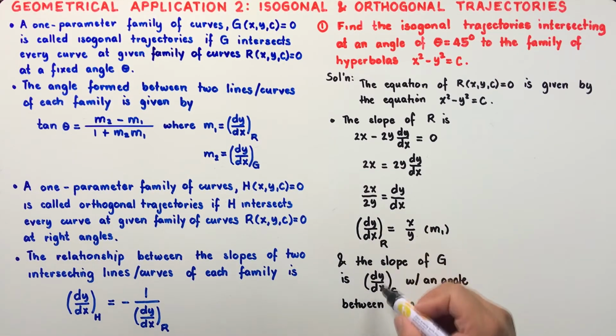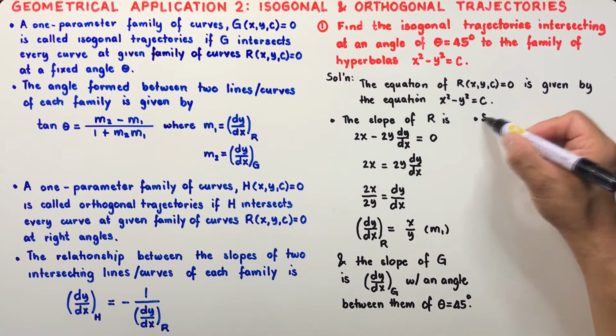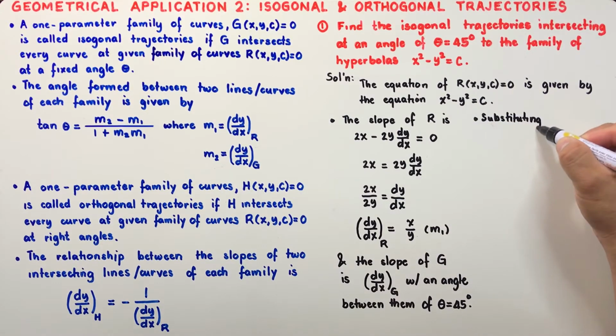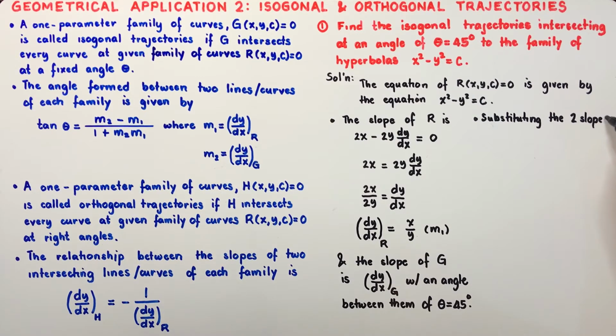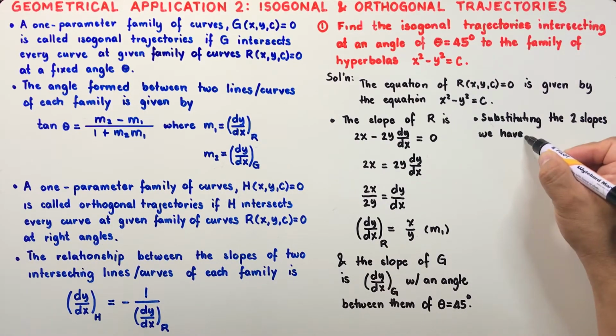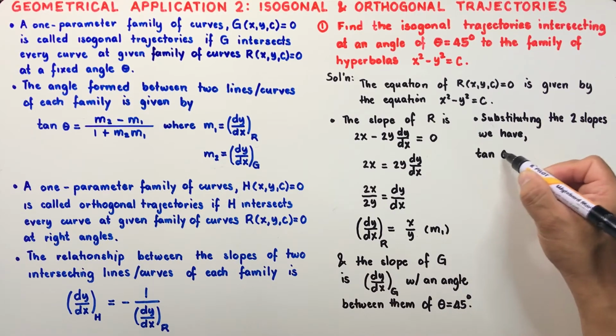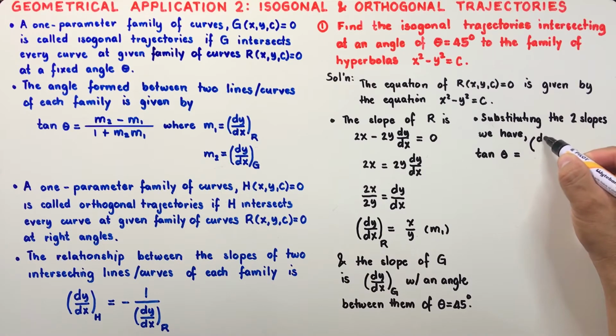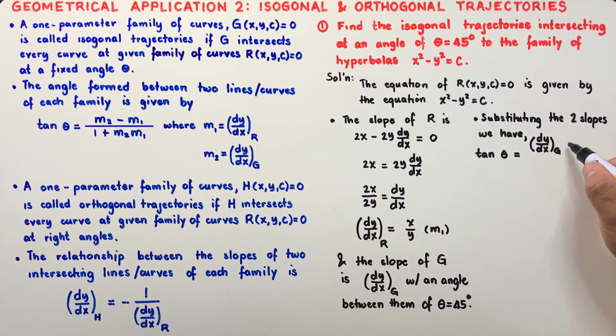Substituting these two slopes into the formula, we have tangent theta equals the derivative of y with respect to x of our unknown family of curves minus the derivative of y with respect to x for our given family of curves, divided by 1 plus the product of these two slopes of the two families of curves.